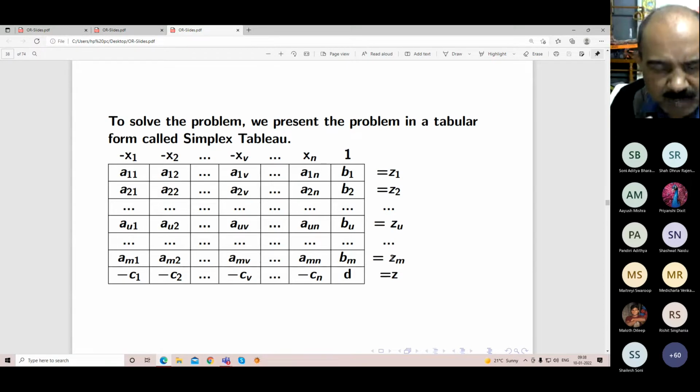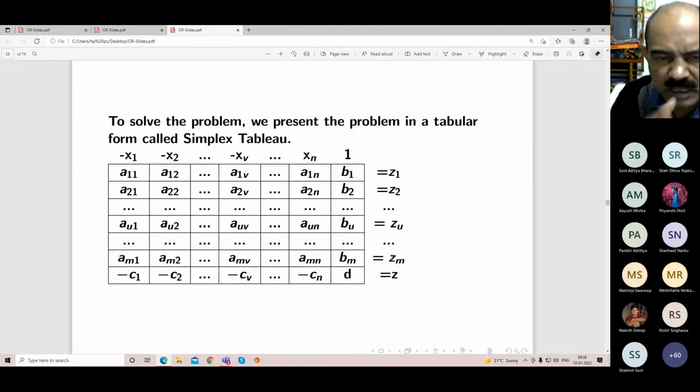Out of n plus m, we have to select m to be non-zero and the rest are zero.